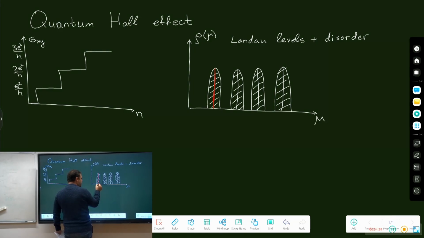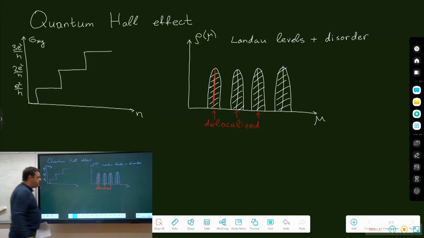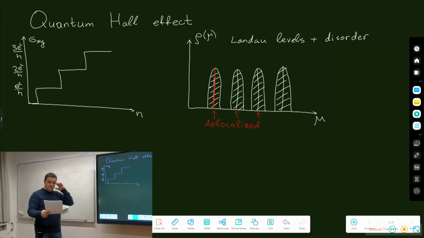So this red one in the middle is delocalized, the only state that is not localized. Also in the middle of this one and the middle of this one, but all other states are localized. So this is just a claim of how things work.